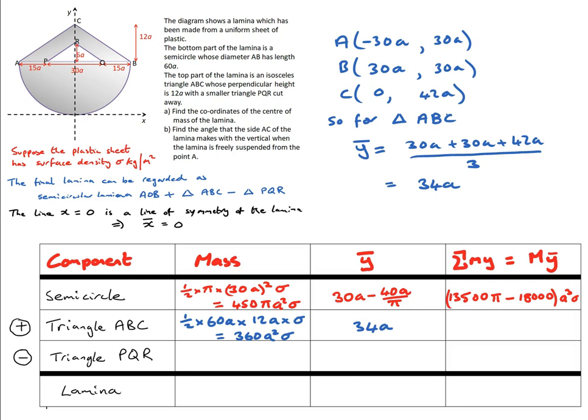So for the triangle ABC, the sum of all the little mass elements times the corresponding y-coordinates over the triangular laminar ABC is equal to the mass of triangle ABC times the y-coordinate of the centre of mass of the triangle ABC. So that's 360a² sigma times 34a, which gives me 12,240a³ sigma.